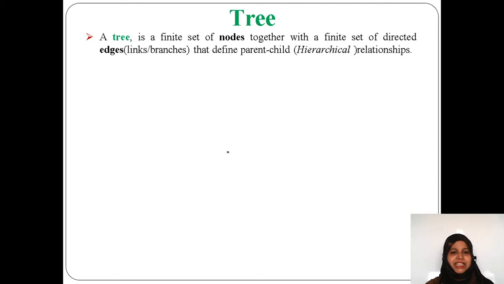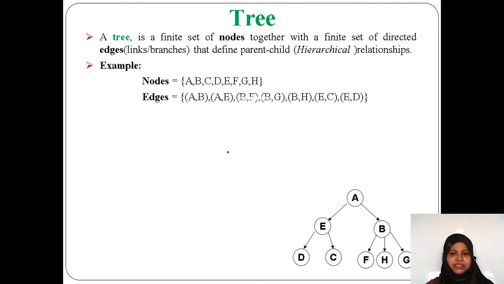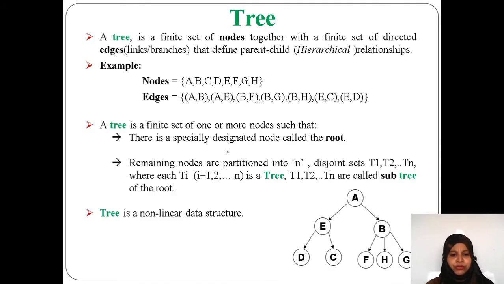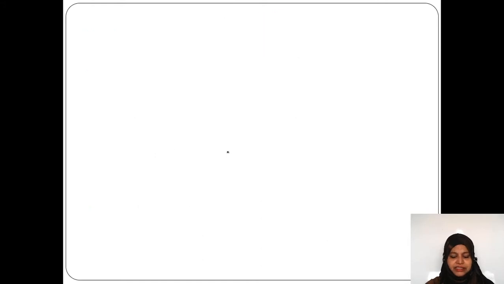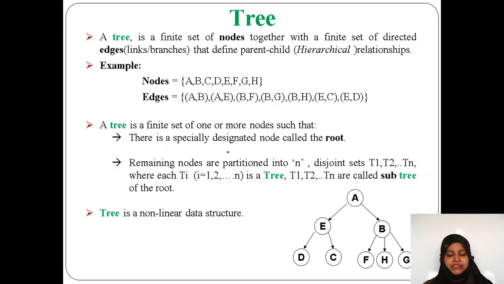Generally, a tree is a collection of nodes, and each node represents a set of values. Every tree consists of a finite number of nodes.